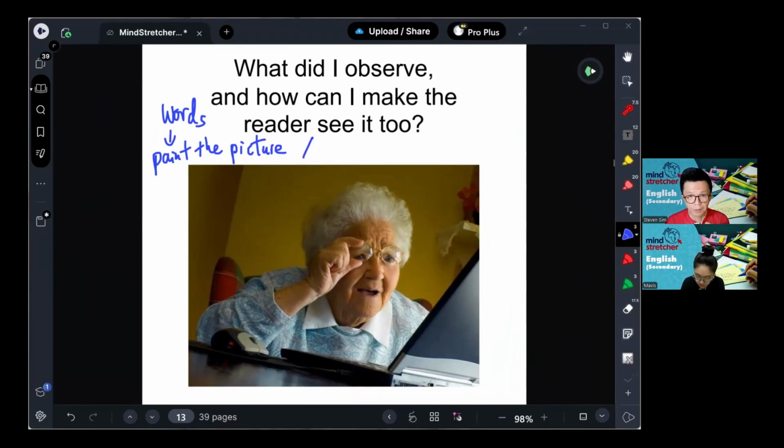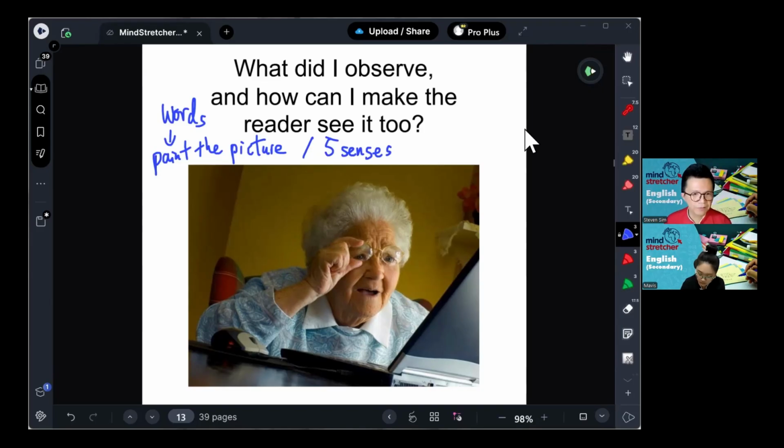And it could be smell, it could be touch, it could be taste. So you want to make use of the five senses. But first, you need to imagine it, because if you don't imagine it, then you can't describe it.